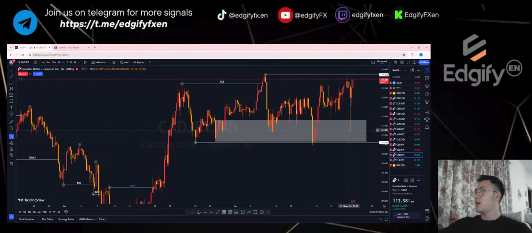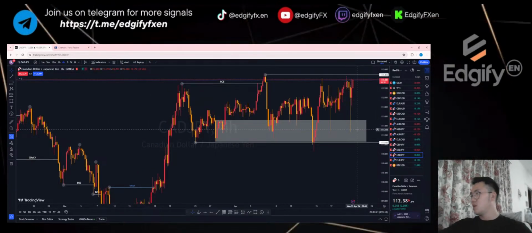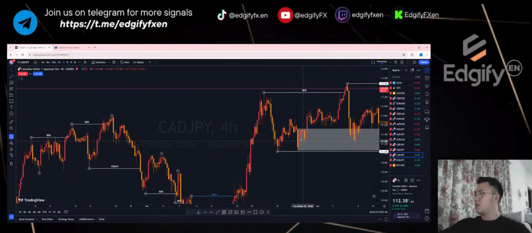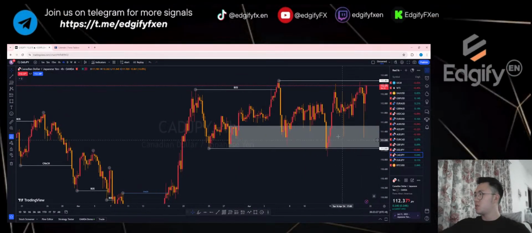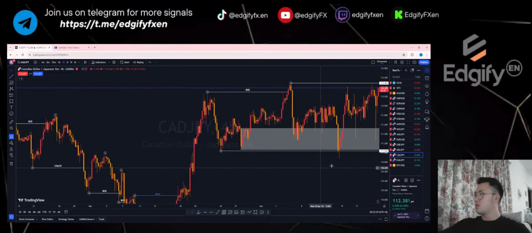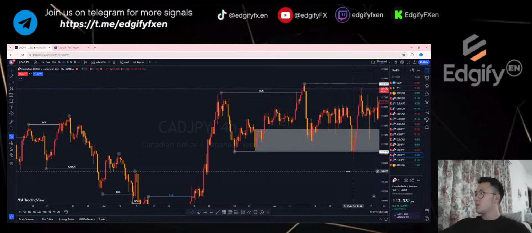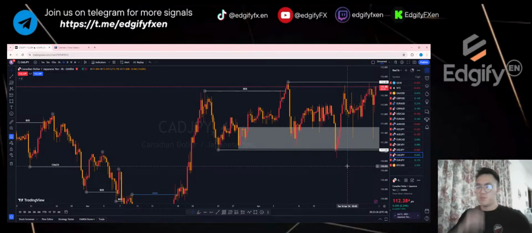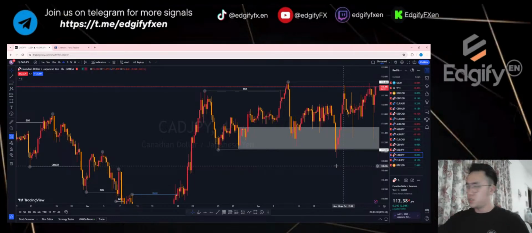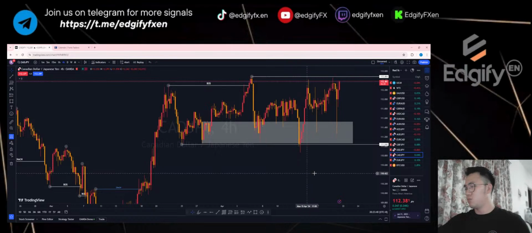Even though the tap in here happened, I'm not looking for an entry, because if we look at this demand here, it's been tested once, twice, 3 times, 4 times. Even if you look at this, it's like a 5 times entry to this zone. So I won't be looking for a trade on CAD JPY at the moment.